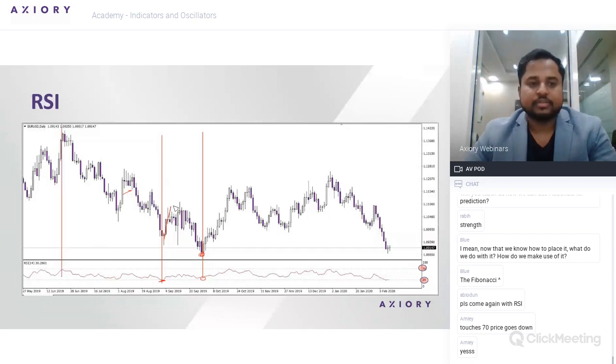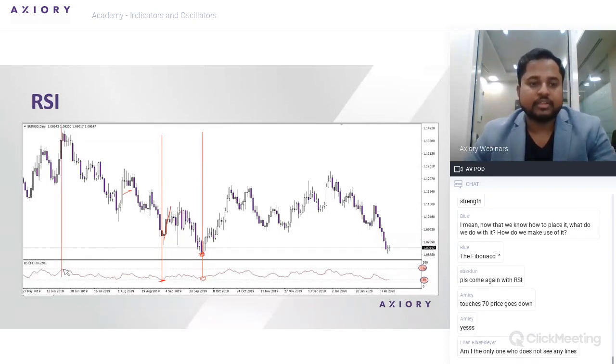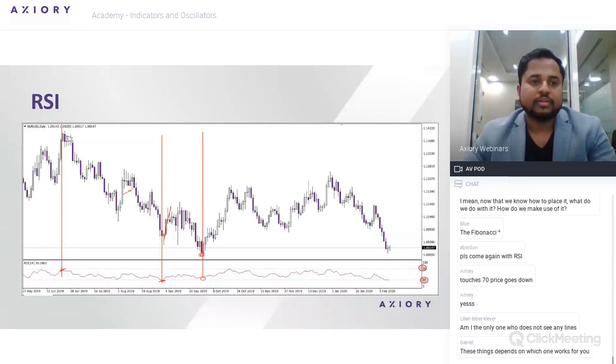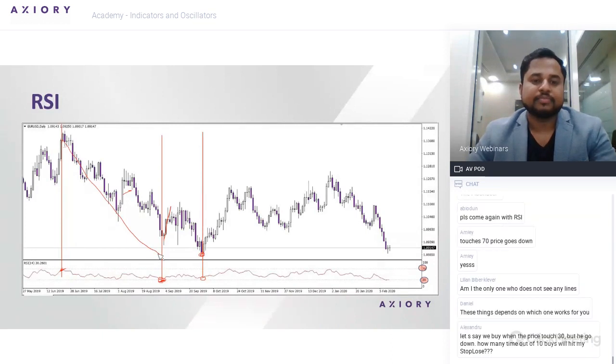Here it touches the 70 area, and the price just came down. Then it reaches 30, and again the price went up.